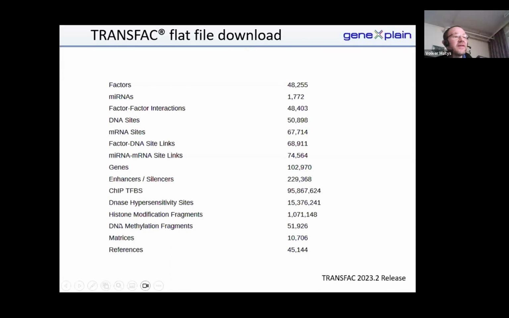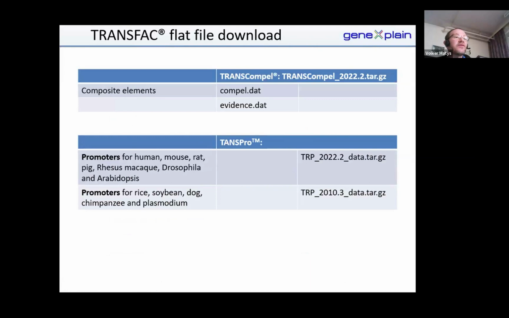So here are the contents from this TRANSFAC main archive, and also some interaction data: factor-DNA site links, microRNA-mRNA site links, and so on. These are the two accessory databases which you get with the download. This is the TRANSCompel database with composite elements, neighboring binding sites with synergistic or antagonistic effects.